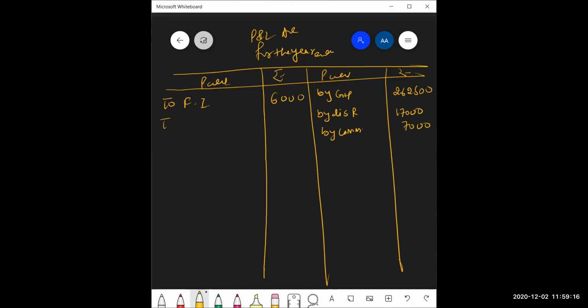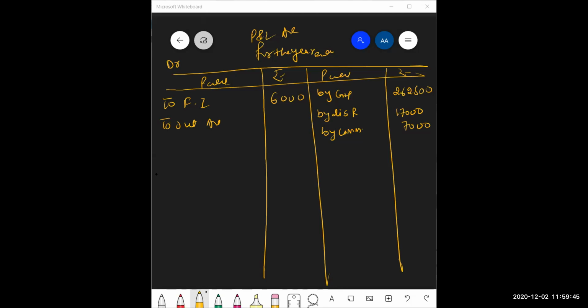Then interest paid. No need to write the word paid or received, because if you are writing anything on the debit side, it means it is paid, and if you are writing on the credit side, it means it is received. So interest account, you can open the book, page number 18.29.